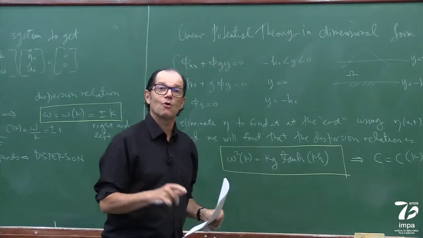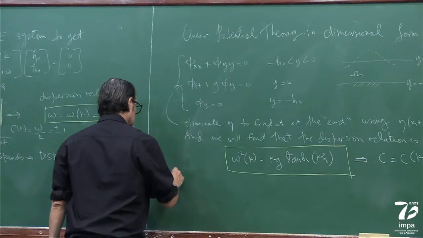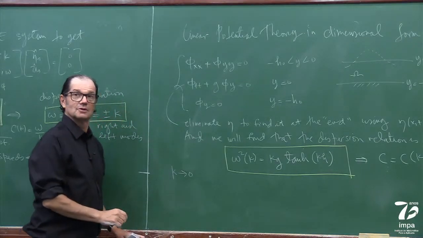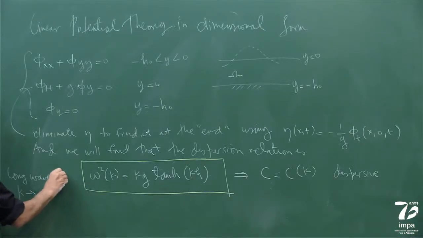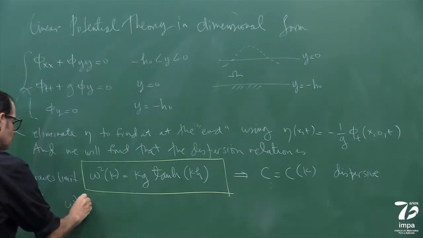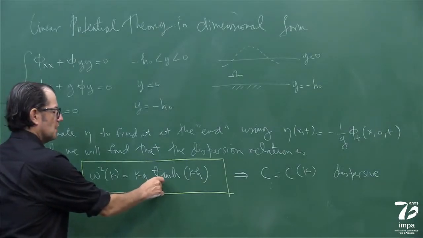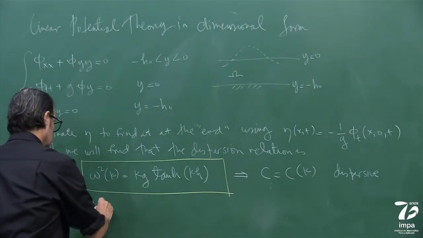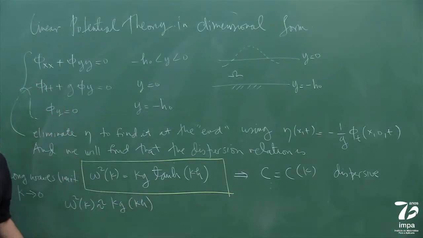Now look at something quite cool. Take the limit of k going to 0, which is long waves. This means that omega squared is equal to, well, if the hyperbolic tangent is very small, I can approximate it, let me put it this way, to kg times kh.